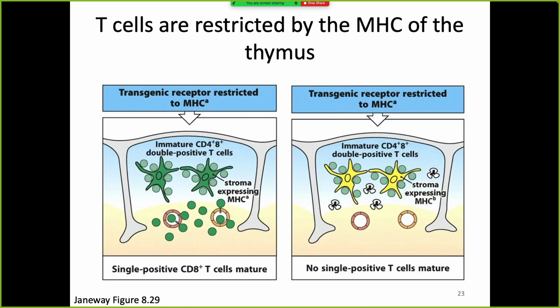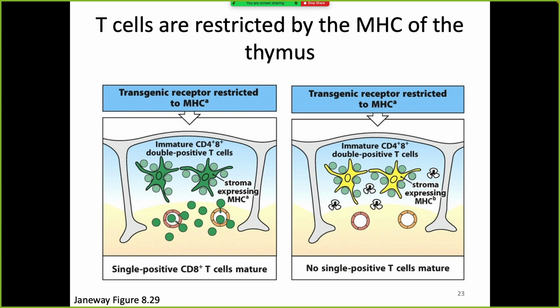When they do that, they could take the original T cell from a mouse of one MHC type, like MHC A, and put it into an embryo that has that MHC type. So the mouse has the kind of MHC that is self for these T cells. And the T cells will try to develop, and the T cells will in fact develop correctly. Because this was a class 1 MHC, we only got our CD8s.